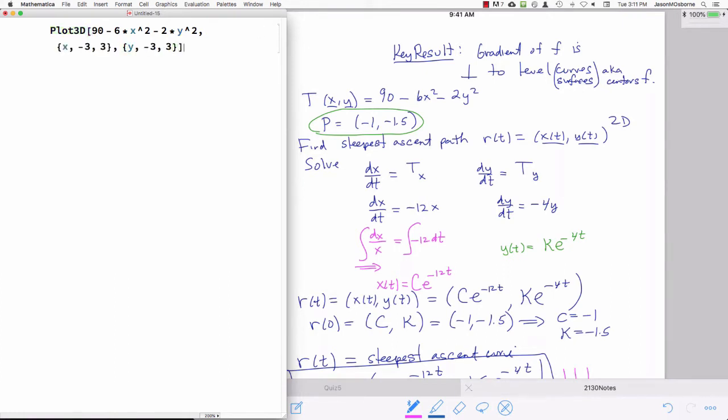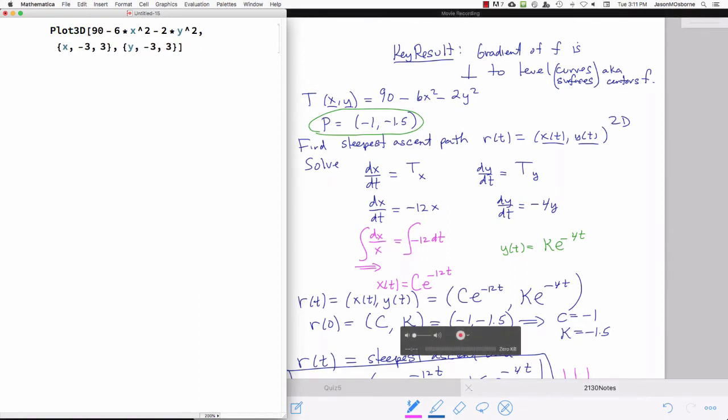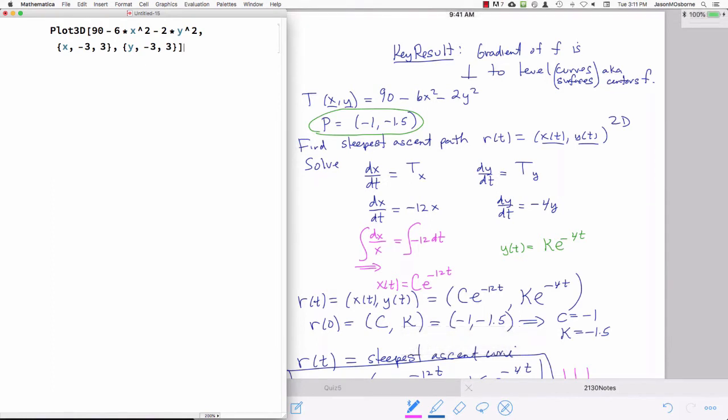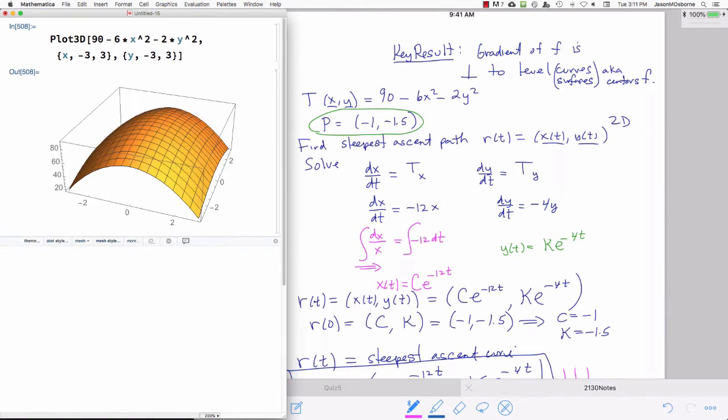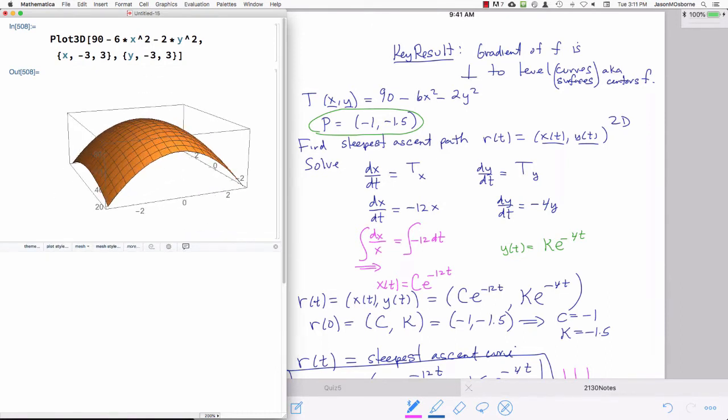I just want to make sure that the values we pick for x and y encompass the point P there. Okay. So here's your plot of your temperature function, and it's a 3D surface.